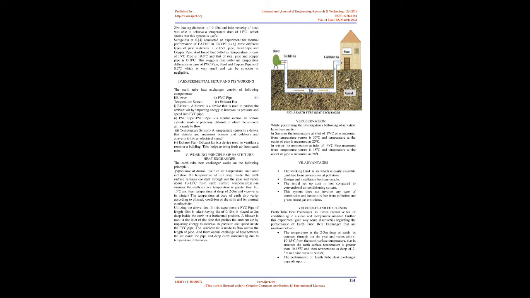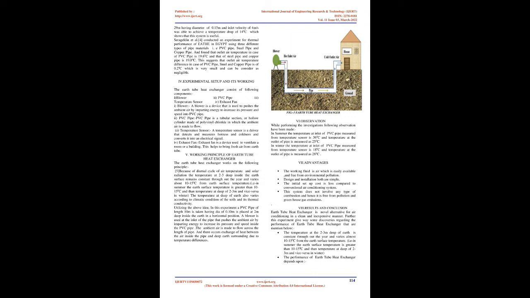Sirajeldin et al. [4] conducted an experiment for thermal performance of ETH in Egypt using 3 different types of pipe materials, i.e. PVC pipe, steel pipe, and copper pipe, and found that outlet air temperature in case of PVC pipe is 19.6°C and that of steel pipe and copper pipe is 19.8°C. This suggests that the outlet air temperature difference between PVC pipe, steel, and copper pipe is 0.2°C, which is very small and can be considered negligible.